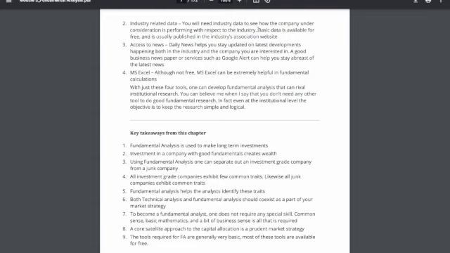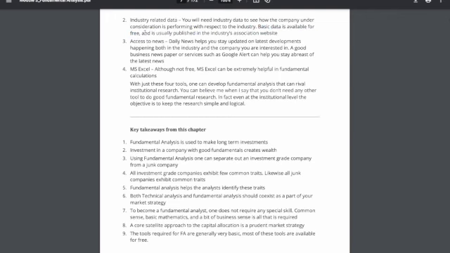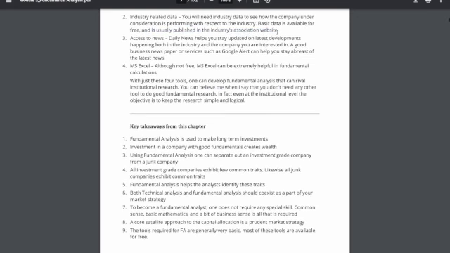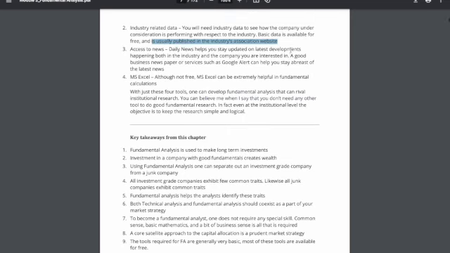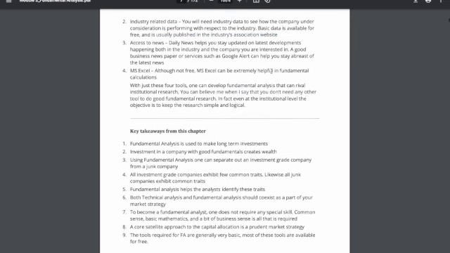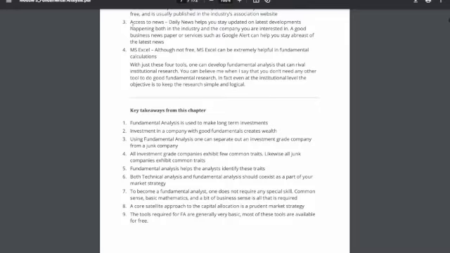Basic data is available for free using websites like Yahoo Finance, and it's usually published in the industry's associated website.